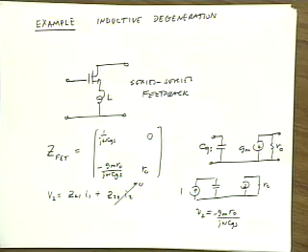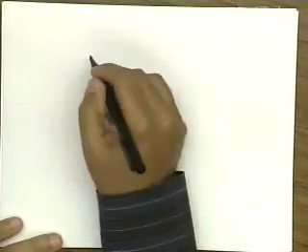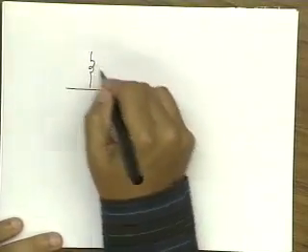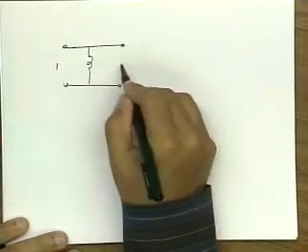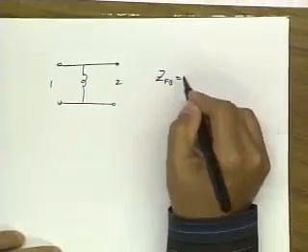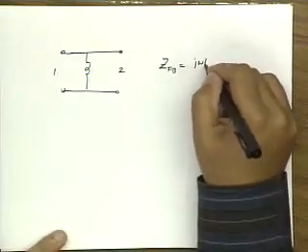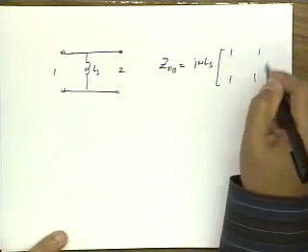Okay, pretty simple. Well, what about for series feedback? What's the Z matrix for this trivial circuit? This is port 1, this is port 2. The Z matrix for the feedback is just j omega LS, let's call this LS, times 1, 1, 1, 1.